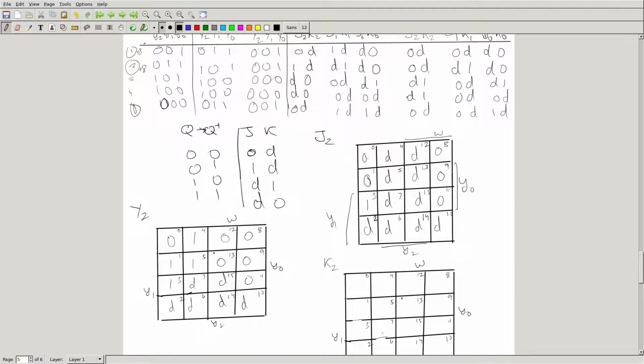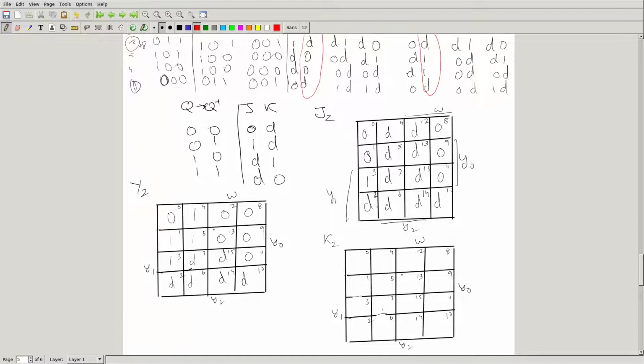Okay, so we can fill up K2 by looking at this column and this column.